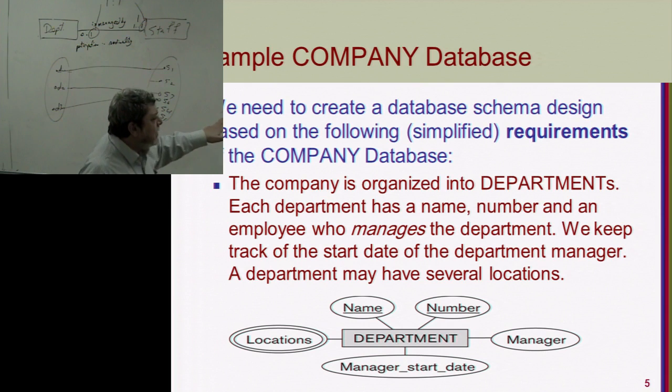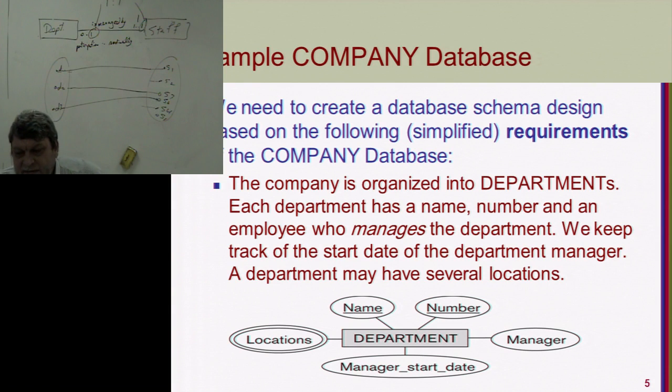Now he said each department, which means that we have many departments. It's not one. When it says that we have many departments, it means that we need to store data about many of those. Remember tables? The table for the students, for example, has many students. If you have many, this means that you have a type.